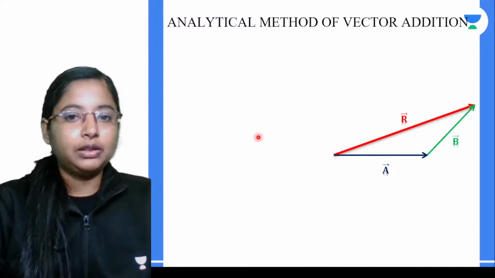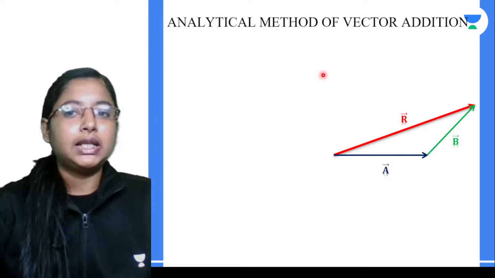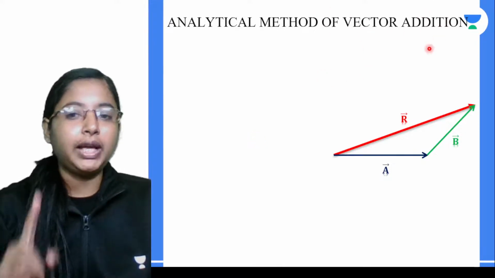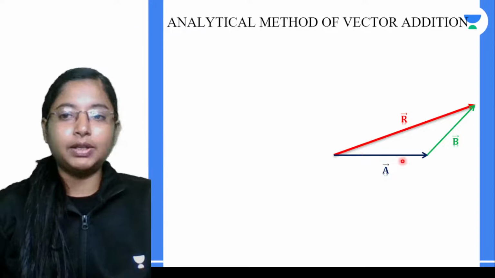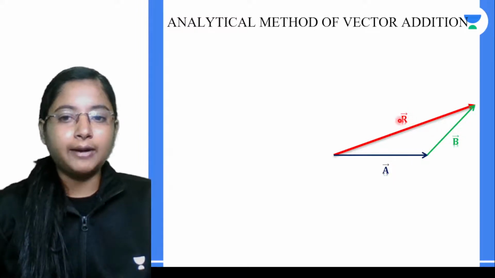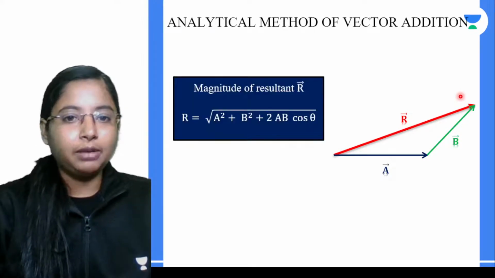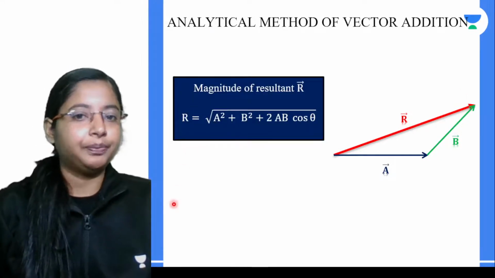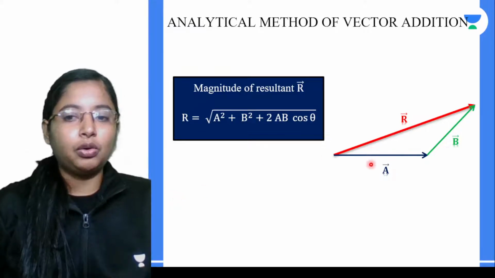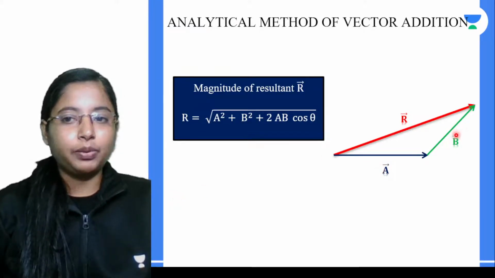So what we have done in today's class is we have used just the triangular law to find the magnitude of the vectors. When you add two vectors, what is the magnitude? If you take a vector, the length of the vector gives us the magnitude. To find the magnitude we use this equation: root of A square plus B square plus 2AB cos theta.